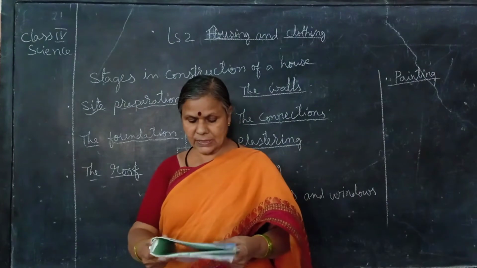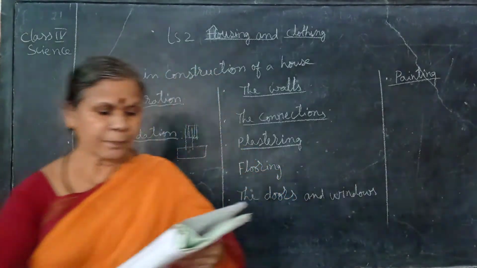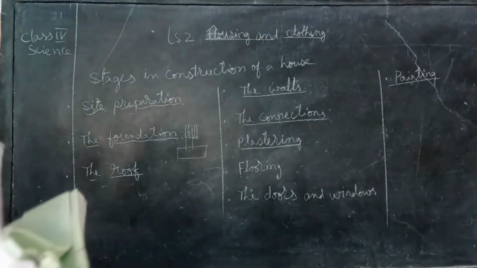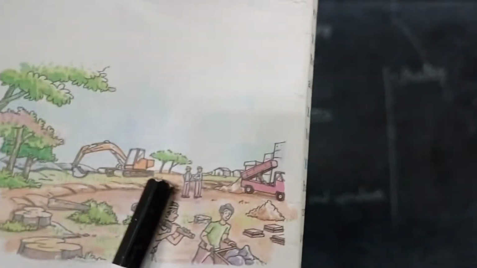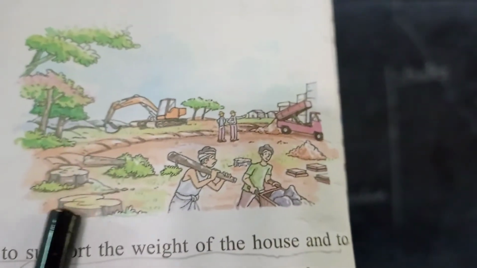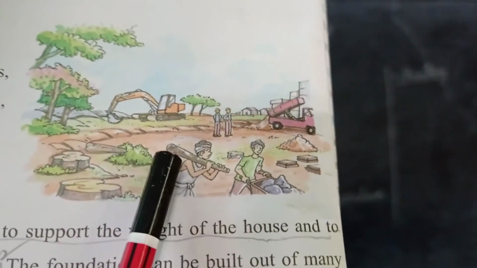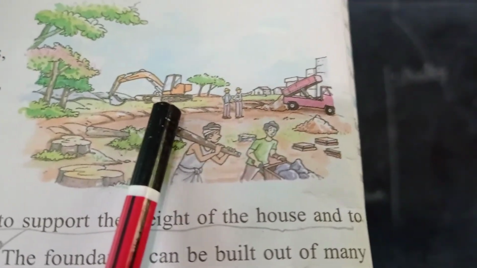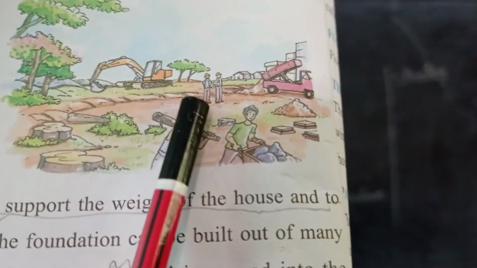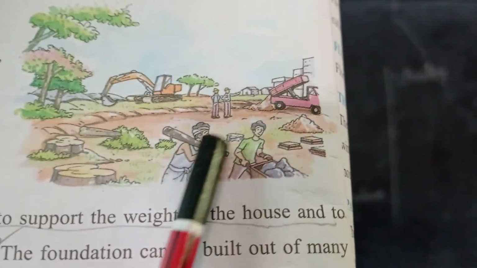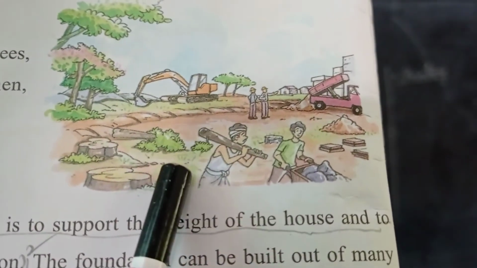See here, you can see in the textbook also, many people are working for the site preparation. Can you see this? Before that, how it was? The ground was uneven. The final job is to clear the site of any trees. They are cutting down the trees.